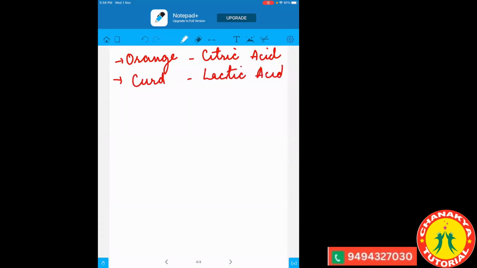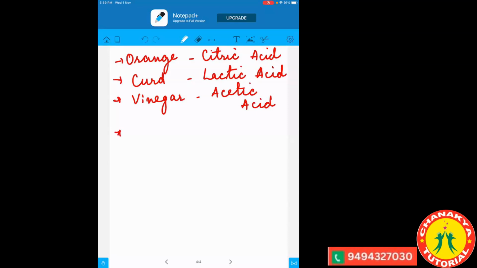That is why it is sour in nature. Next, vinegar has acid in it called acetic acid. Because of the presence of different kinds of acid in different compounds, they taste differently, but they are all sour in nature. Some will be less sour, some more sour, depending upon the acid present in them.